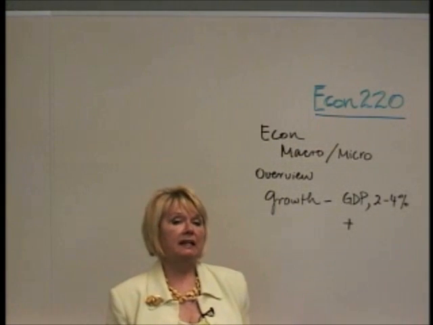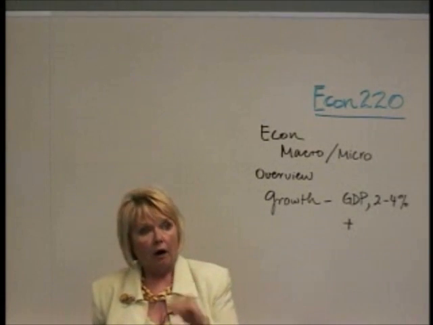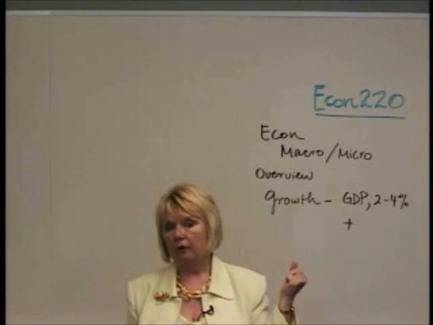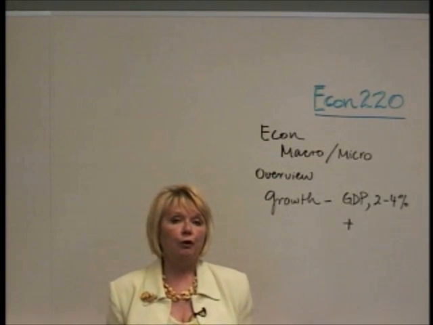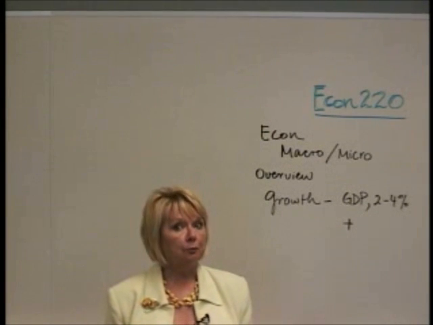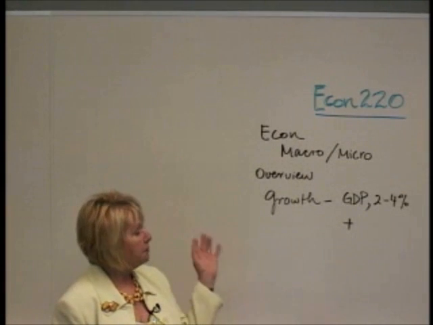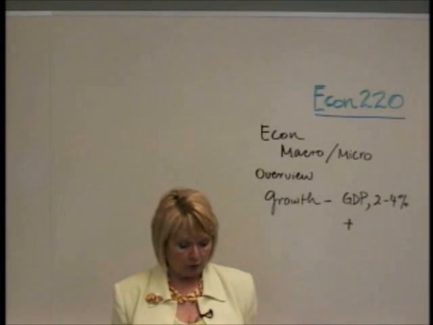Overall, we could say that macroeconomics is going to dwell on economic growth. And economic growth means that we are producing more goods and services than we did before. We're going to be looking at the speed with which we would like the economy to grow.